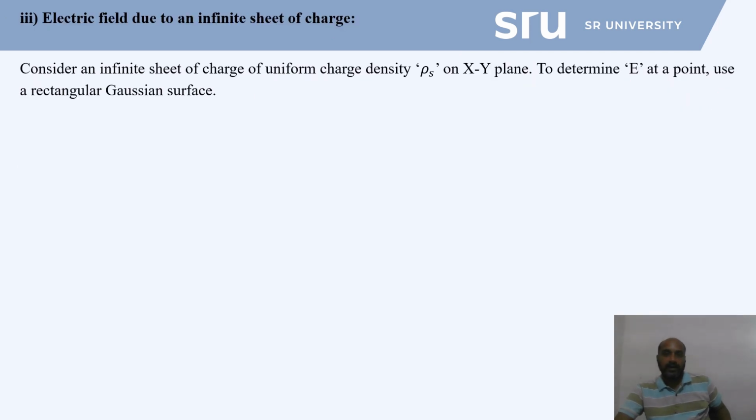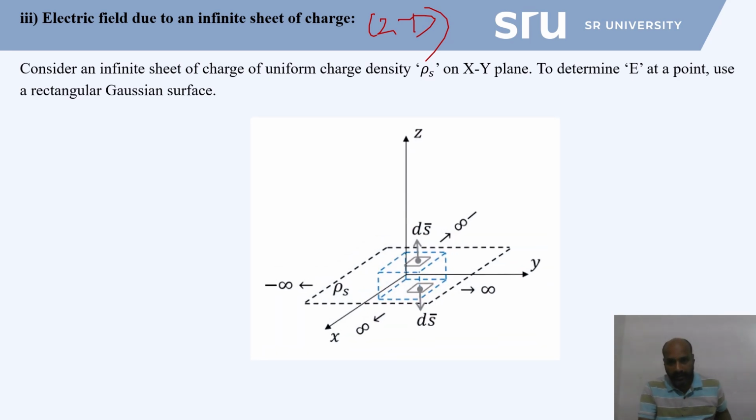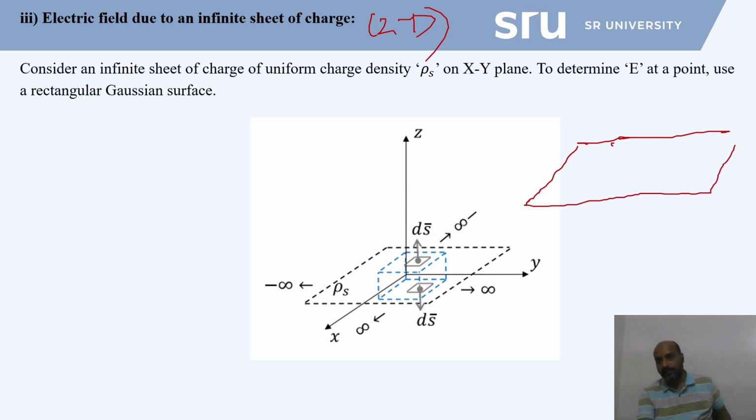Right? And this is a two-dimensional charge distribution, an infinite sheet like this. The dotted lines are the infinite sheet. What does it mean? I'll just redraw it. The charge is distributed on the surface.